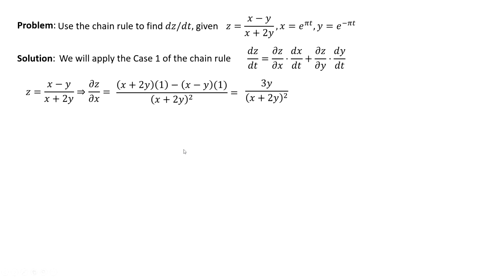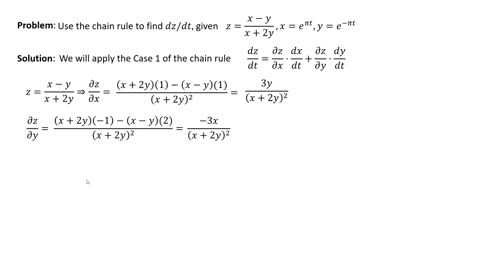You do that and simplify it a little, and you get this. That's partial z with respect to x. Cool. Partial z with respect to y. Similar thing, quotient rule. And that turns out to be negative 3x over the quantity x plus 2y squared.